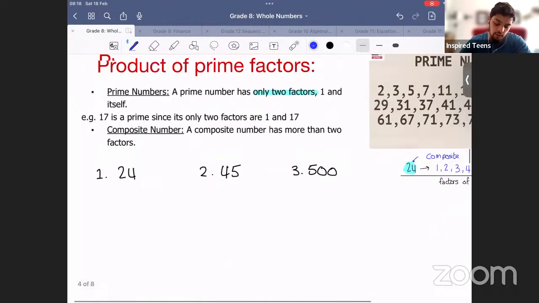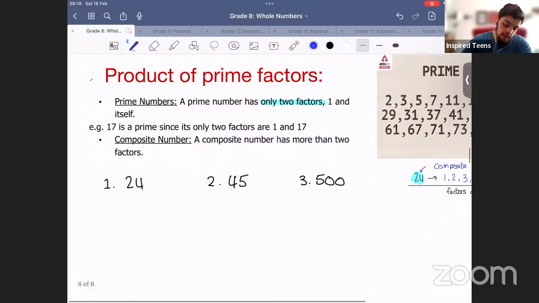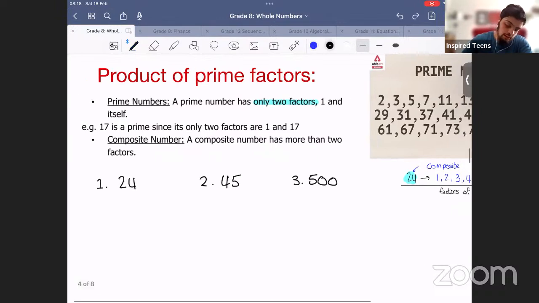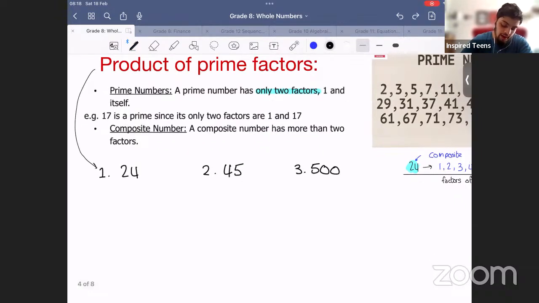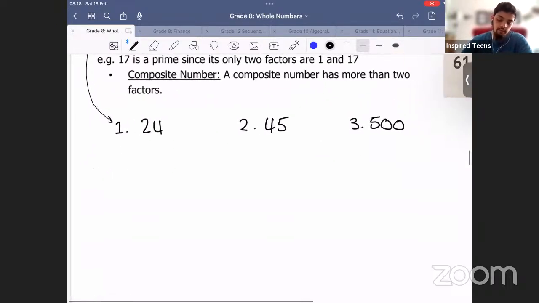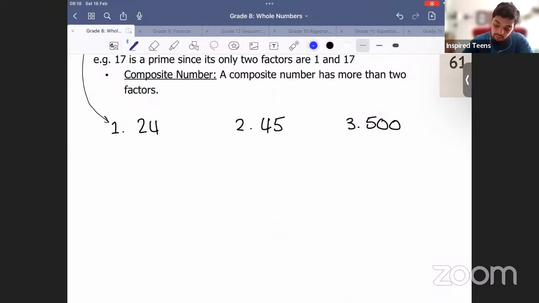Okay, so let us talk about writing values as a product of their prime factors. So now we know what a factor is, and we know what a prime factor is. Now we're going to talk about writing numbers as a product of their prime factors by using what we call the ladder method.